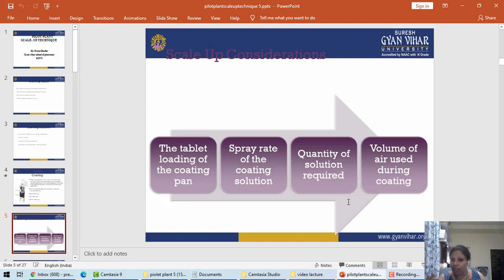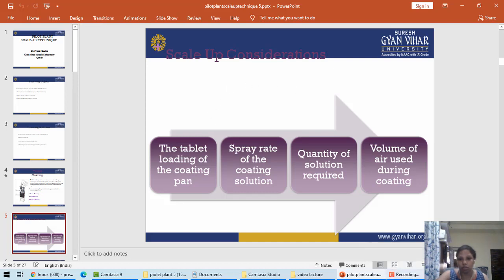Now what are these critical factors? Critical factors are those factors which can directly or indirectly alter the product quality.